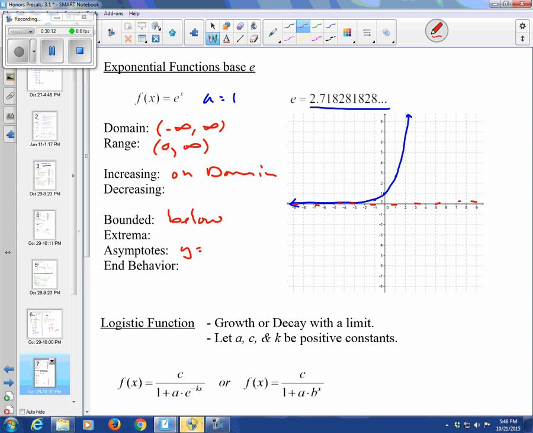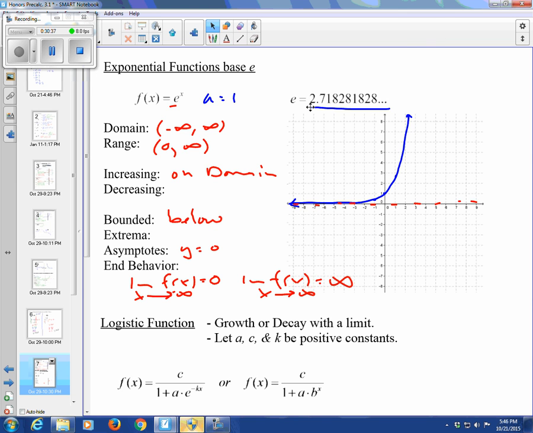We've got the horizontal asymptote of y equals 0, and the end behavior is the same end behavior we'd see for any exponential growth function that isn't manipulated, hasn't been moved up or down. Right here as x goes out to negative infinity, we're hitting that horizontal asymptote of 0. And as x goes out to positive infinity, we're going up to positive infinity because e is a number greater than 1, so we just keep on multiplying by that number greater than 1, and we're going to get larger and larger values.